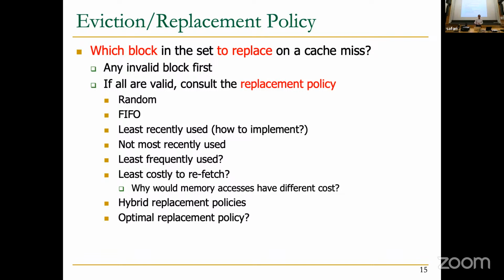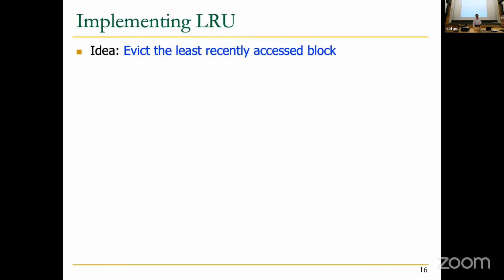And then the question is, of course, what is an optimal replacement policy? People have tried to figure this out. This is very hard to define because there are many metrics, right? What are you looking for in terms of optimal? If it's about maximizing the hit rate, there's an optimal that we will define. But it's not just about the hit rate, it's also the cost. So the optimal is very, very difficult to define in this case. Okay, any questions?